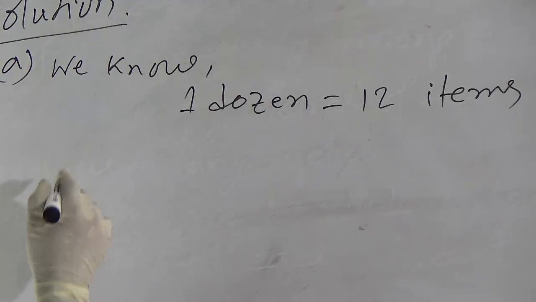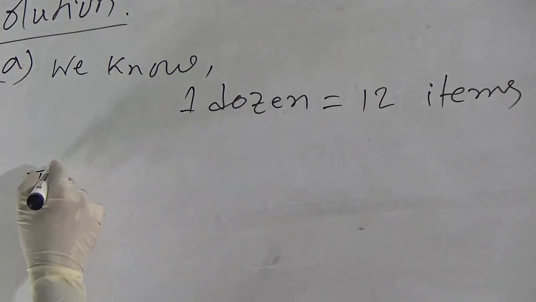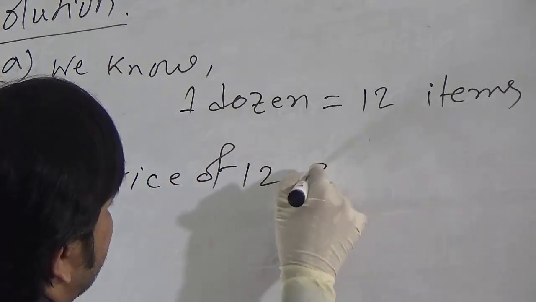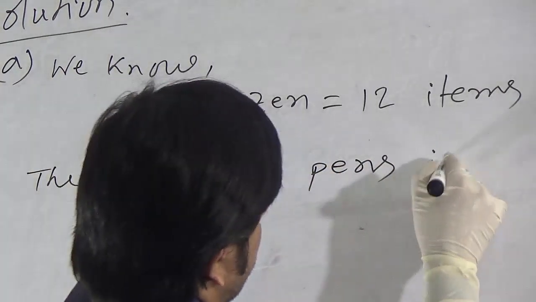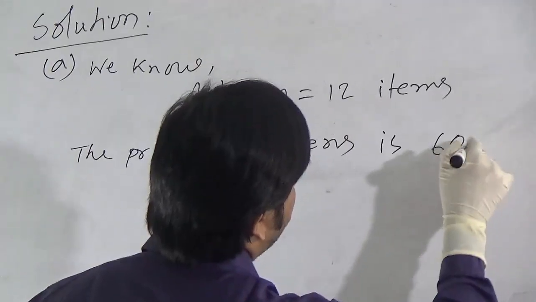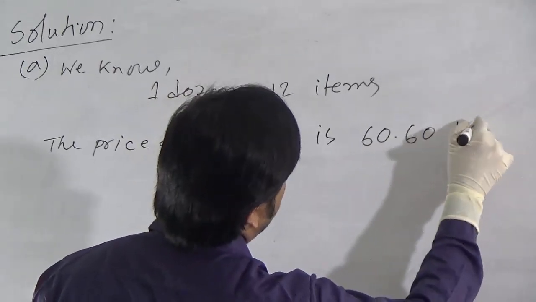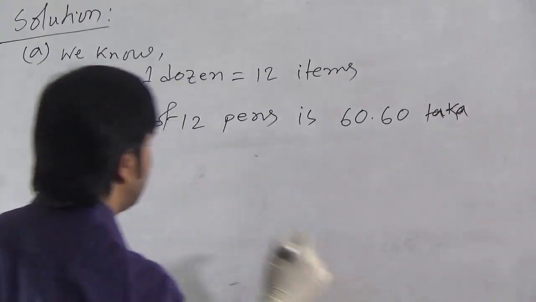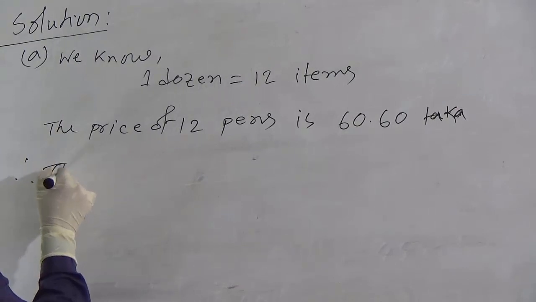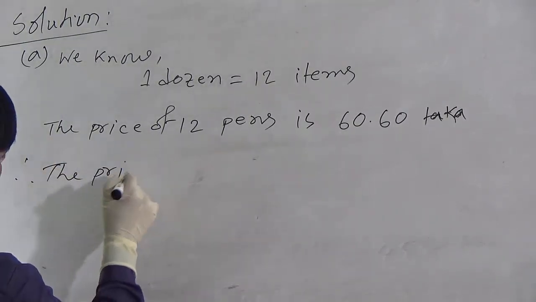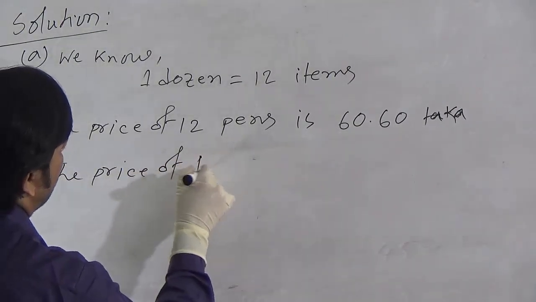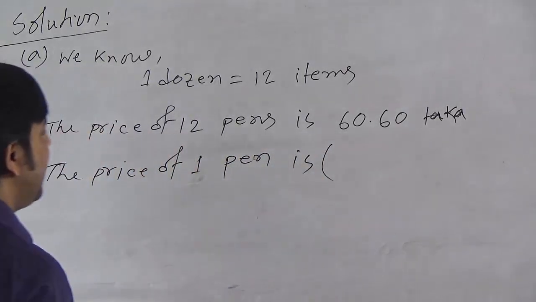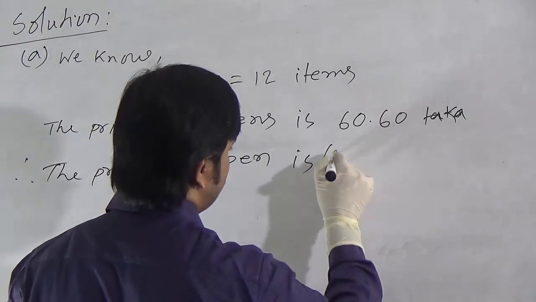Now we can write the price of 12 pens is 60.60 taka. Therefore, the price of one pen is, we have to divide 60.60 by 12.